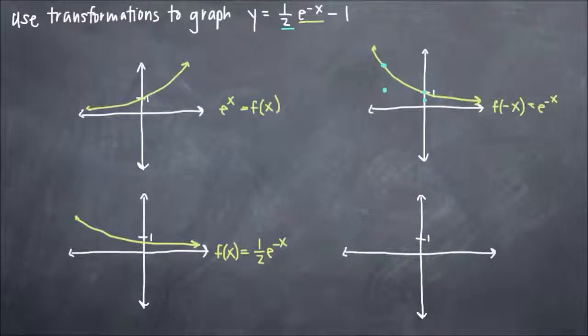And then our final step would be to apply this -1 here. We know from studying transformations that adding a -1 like that is just going to shift our graph down 1 unit. So if we're talking about f of x equals 1/2 e to the negative x minus 1, we have the same graph that we did over here, except we move it down 1 unit.